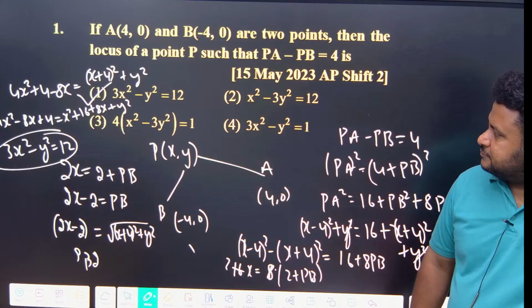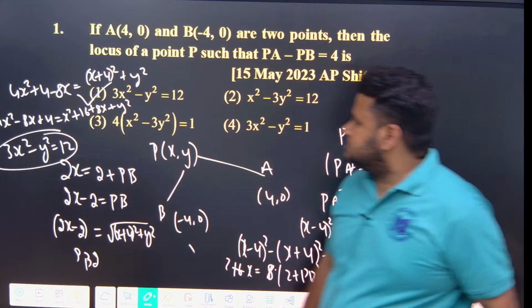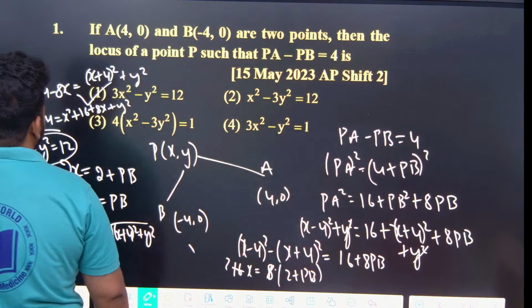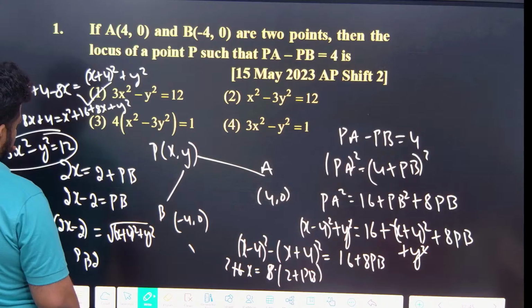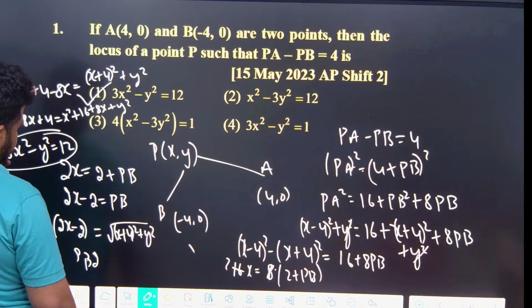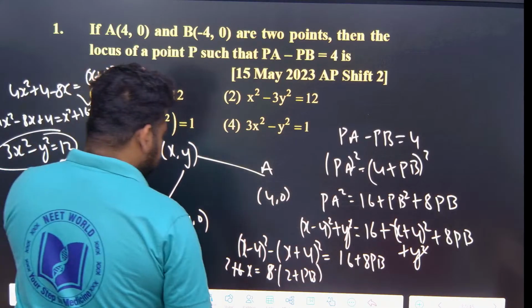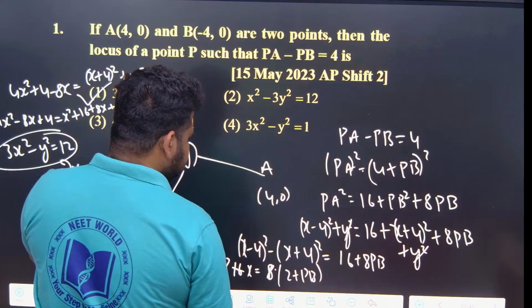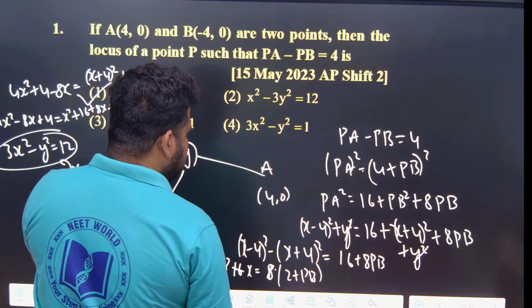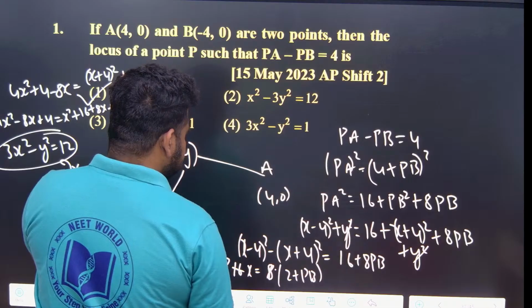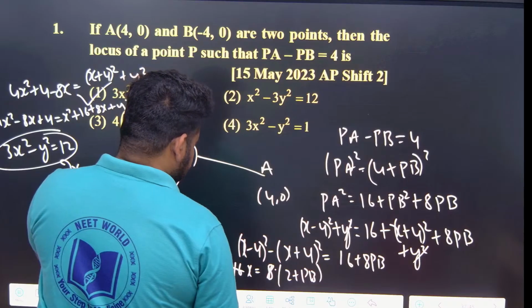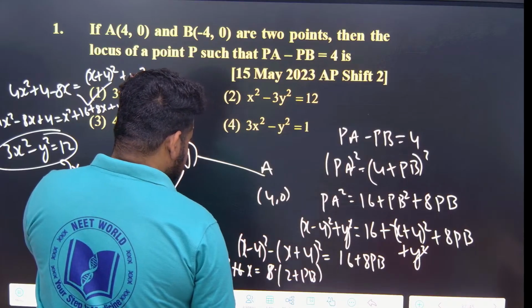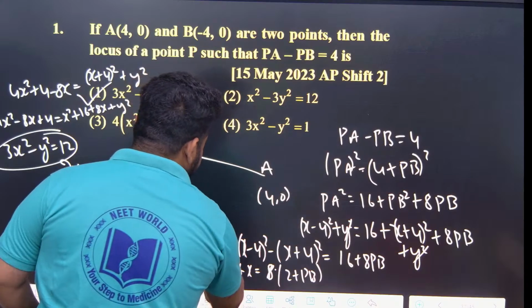8x, let us check once. 8x has to cancel. See, this will be minus 16x, no?